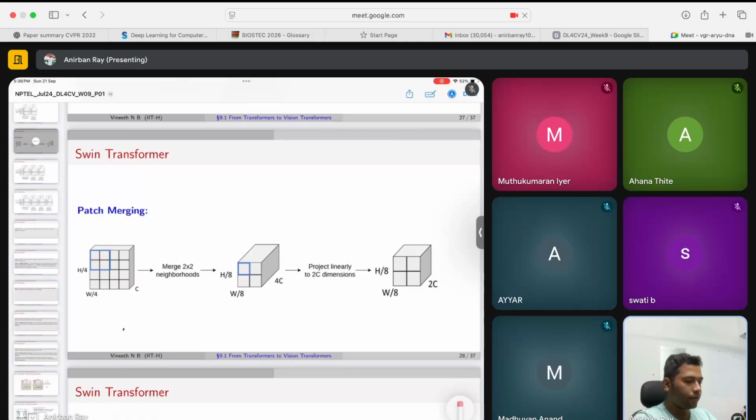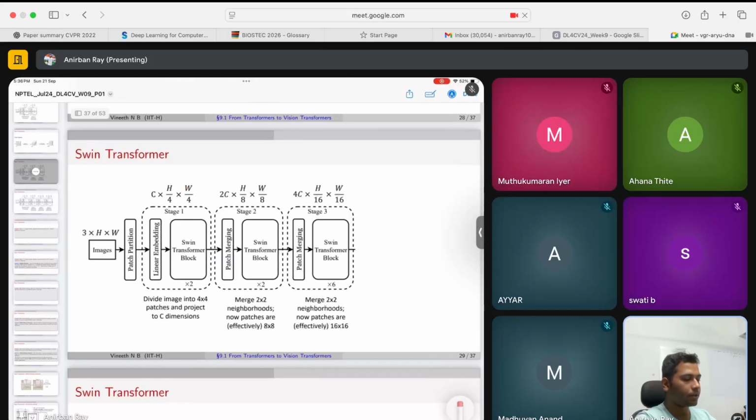What you do is you take one half of that, and then stack it on top of the other half. Like that, you get something like this. Understood? It will become 4 times. If you take each of these and stack, then the dimension becomes 4C, right? So project linearly into 2C dimensions, from 4C to 2C dimension. You use a linear projection layer for that.